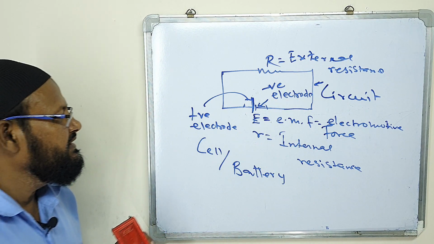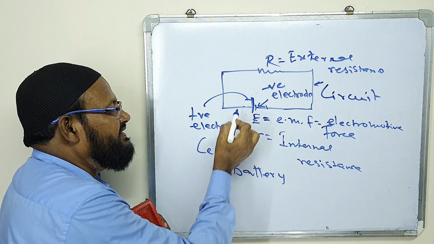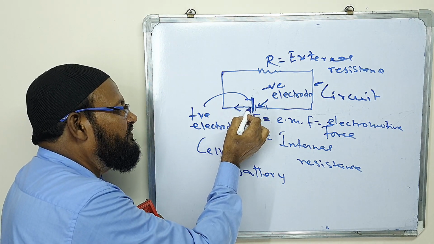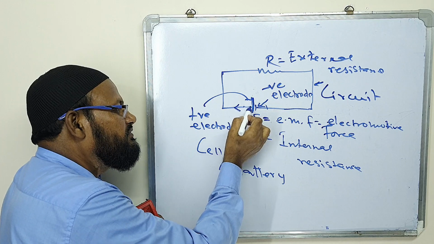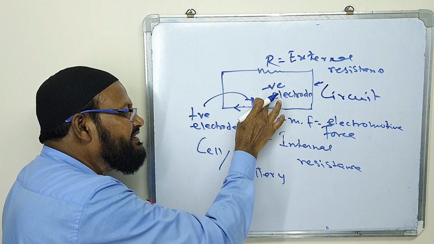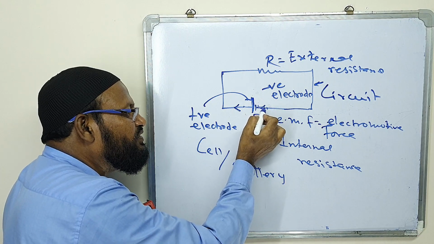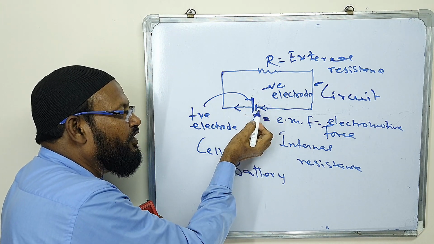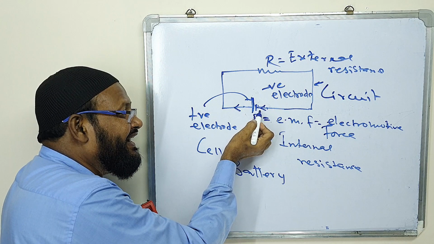Here is one rule. What is the rule? In the circuit, current will flow from the bigger hand, and it will enter into the cell or battery from the smaller hand to the bigger hand.